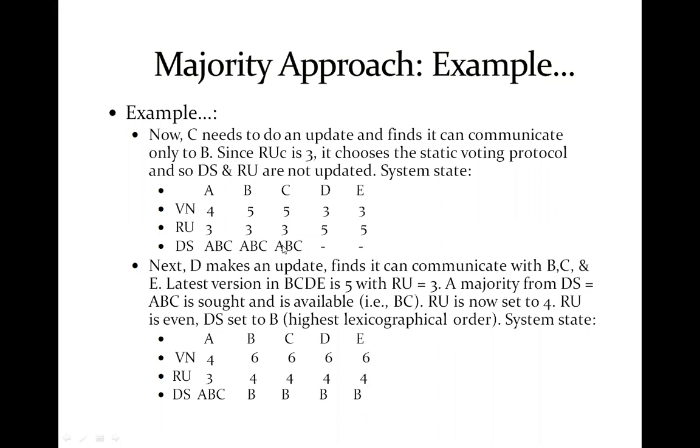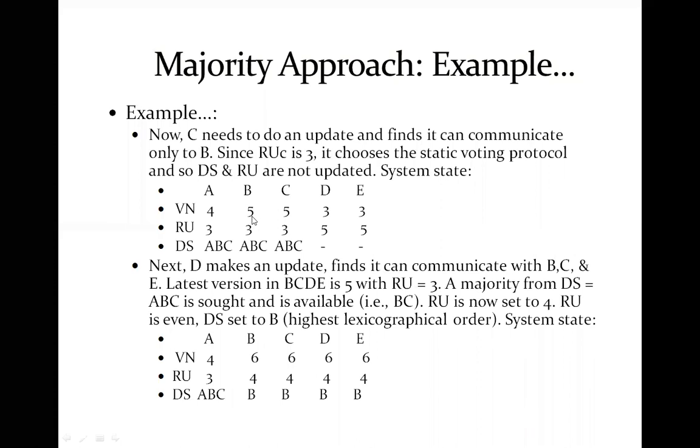Now when C processes the update, the system will change its state. Since B and C are participating in the updation process, it will become 5 and 5. There will be no change in RU because we are applying a static voting algorithm for making the updation. There will be no change in the distinguished site list also, because we are applying the static voting algorithm.